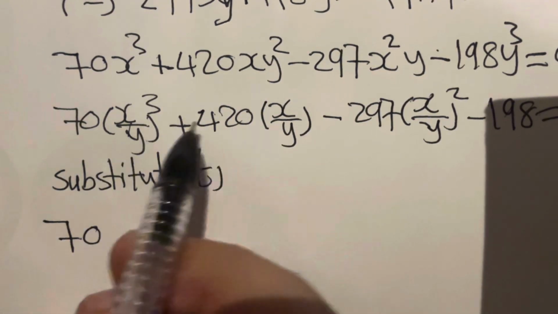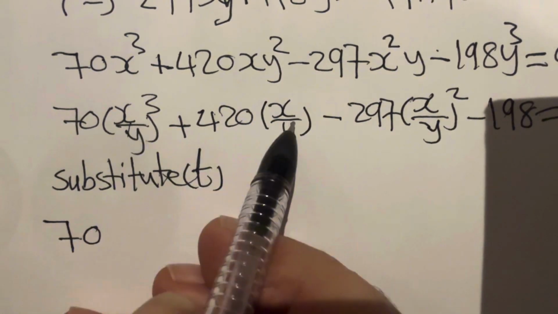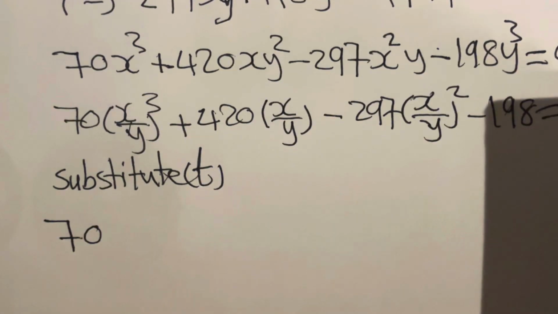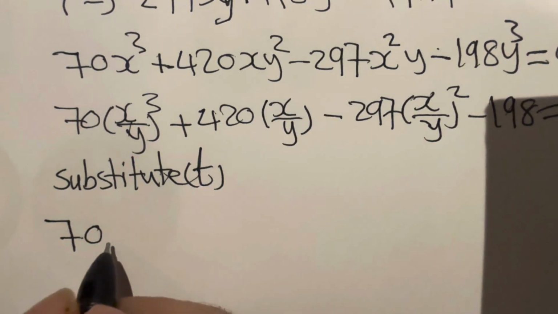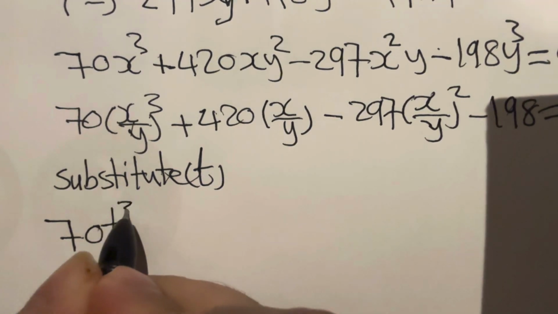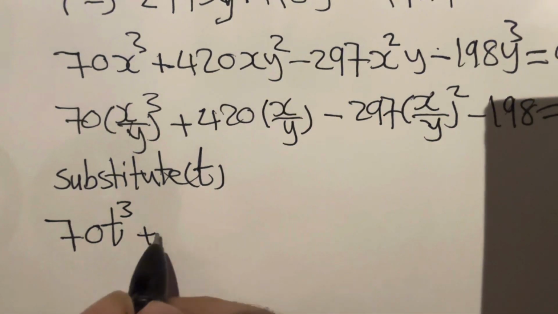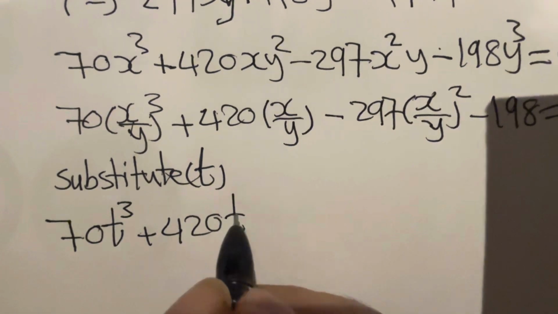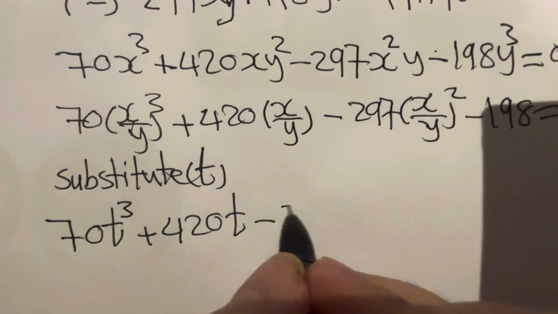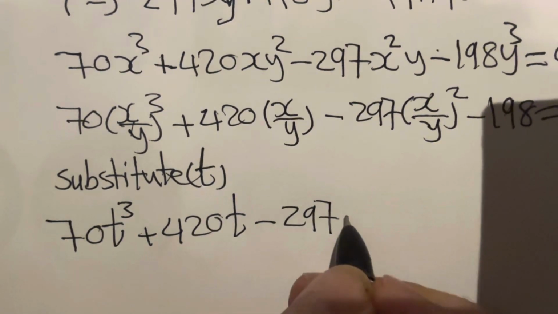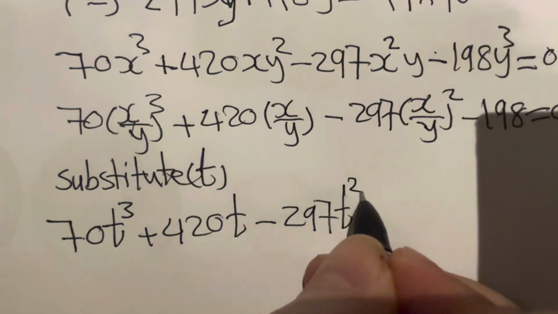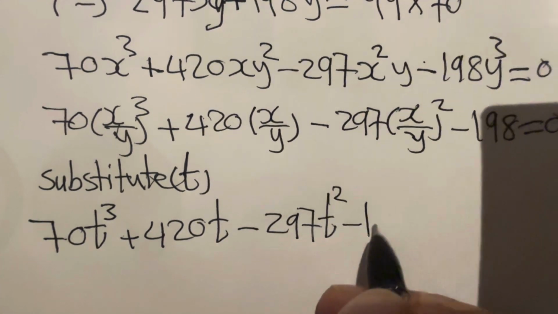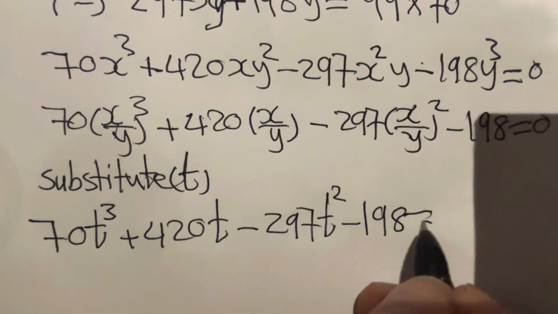We have a common term in all the terms. x over y is a common term, so we get 70t cubed plus 420t minus 297t squared minus 198 equals 0.